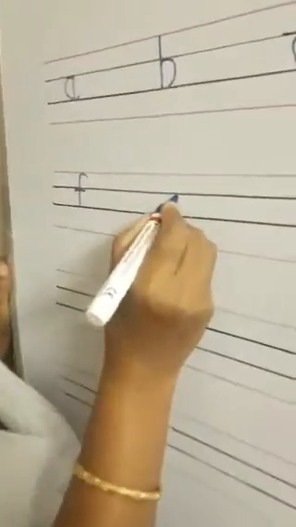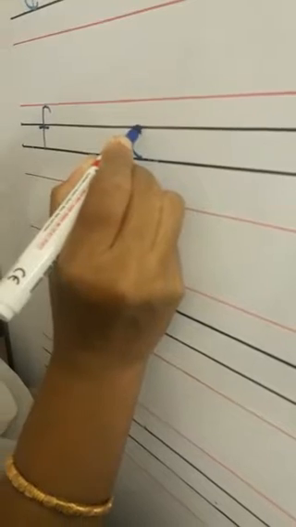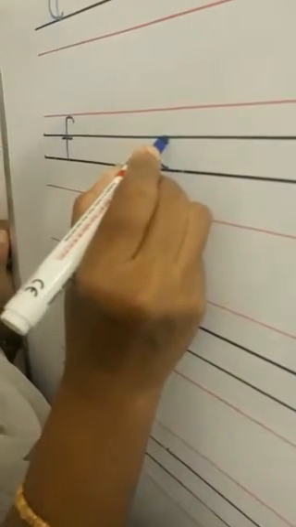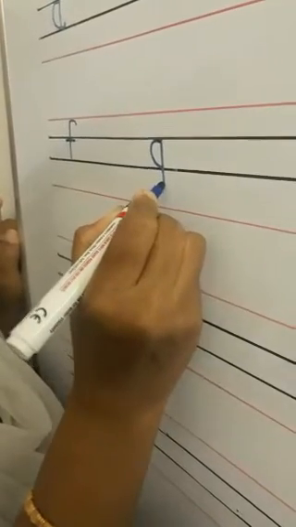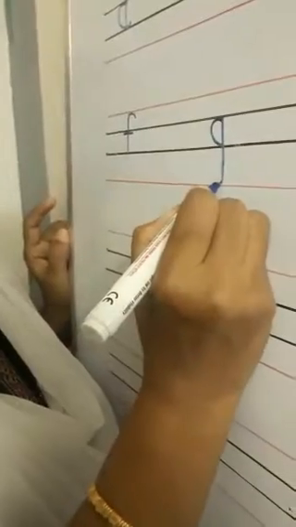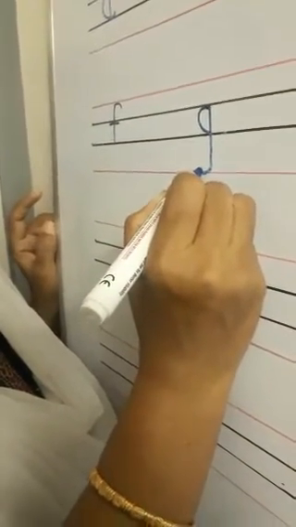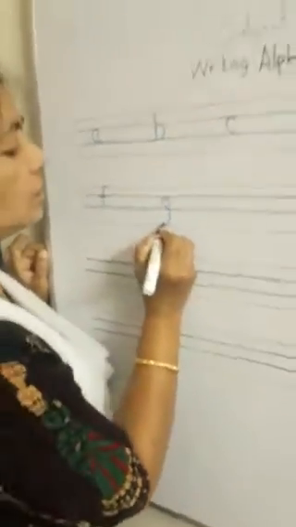Start from the middle and draw a curve to reach the bottom, and go again to the middle and draw a standing line to the last line, the red line, with a small curve towards the left, or backward curve.